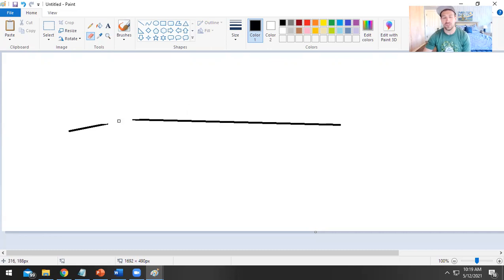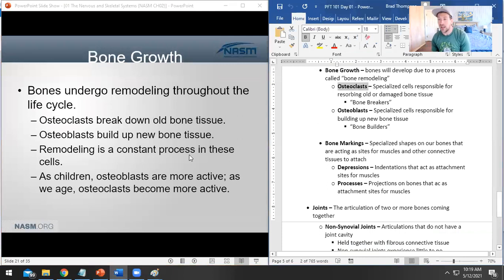Afterwards, you've got a second type of cell, which is called an osteoblast. An osteoblast is a specialized cell that's responsible for building up new bone tissue. These are your bone builders. So you've got bone breakers in the form of osteoclasts, and bone builders in the form of osteoblasts.